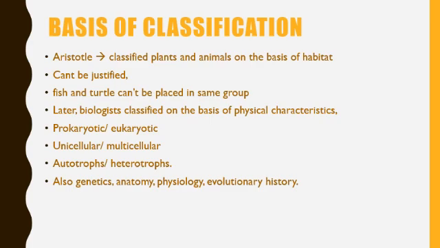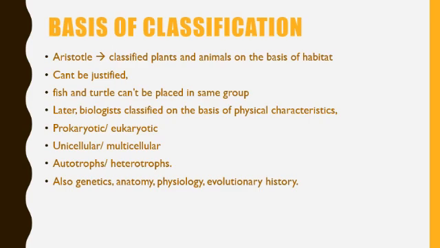This classification couldn't make sense because turtle and fish both are aquatic, but they are a lot more different from each other. Then, with time, more characters were added as basis of classifying organisms, and organisms began to be classified on the basis of physical characters like prokaryotic or eukaryotic, unicellular or multicellular, autotrophs or heterotrophs.